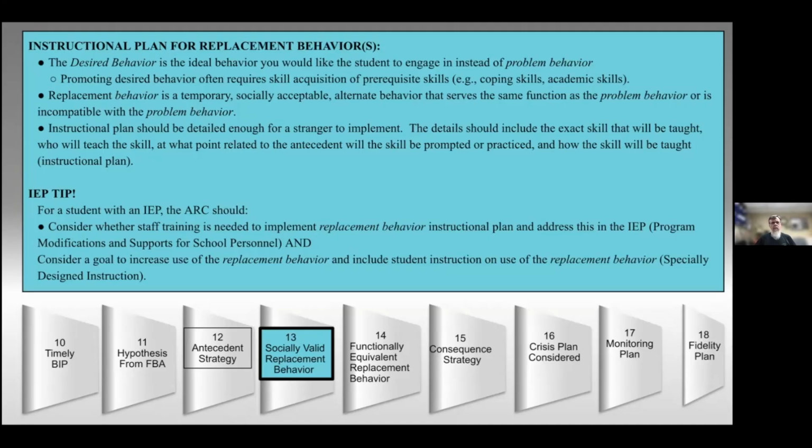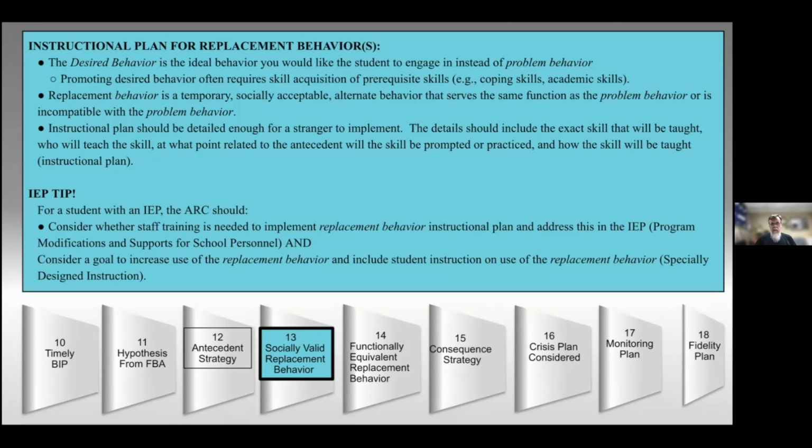Replacement behaviors shouldn't last a long time. They should serve the same function as the problem behavior, but be a more socially acceptable alternative to that problem behavior.